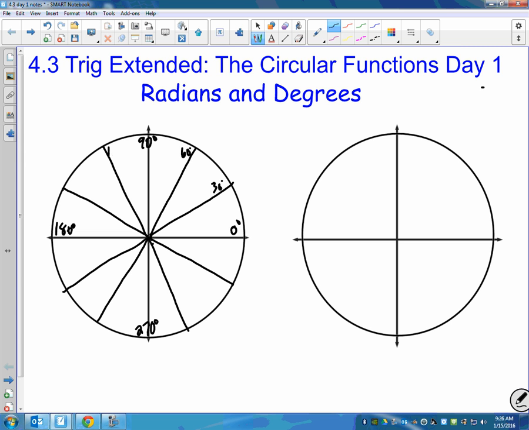Okay, so I'm trusting that we can do that. 300, 330, and 360 gets me right back at 0 degrees.